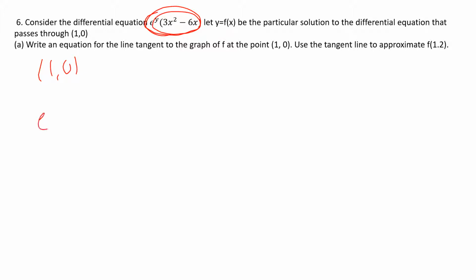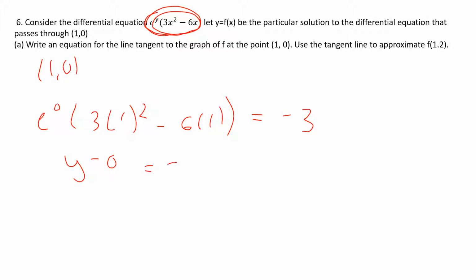So we get e to the 0th times 3 times 1 squared minus 6 times 1, and you'll see that you get negative 3. We're going to put that into point slope form for our tangent line. We have y minus 0 equals negative 3 times x minus 1.